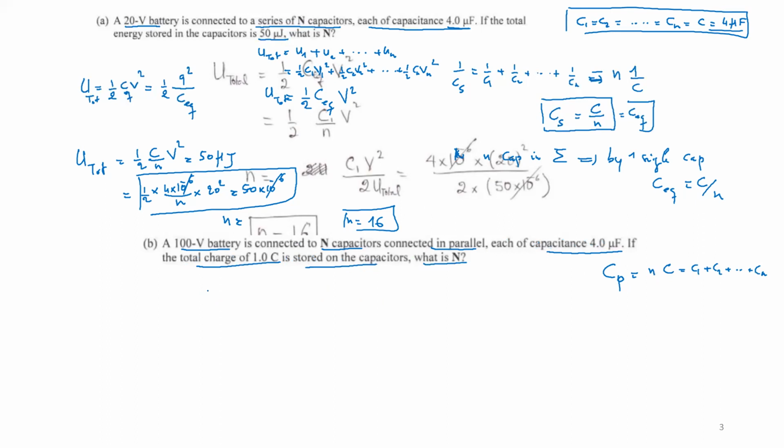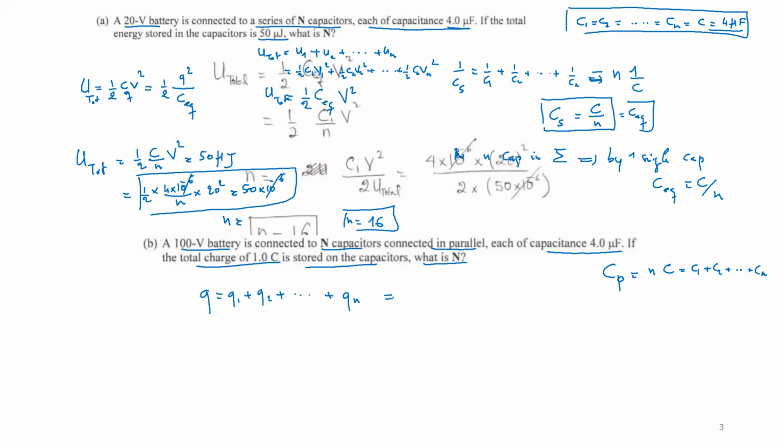So as you know, the total charge is just Q1 plus Q2 plus Qn. Do you agree with this? Okay, good. So this is your total charge.